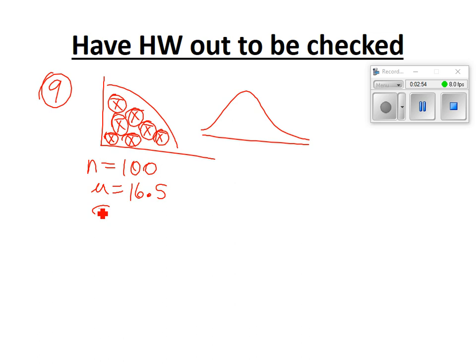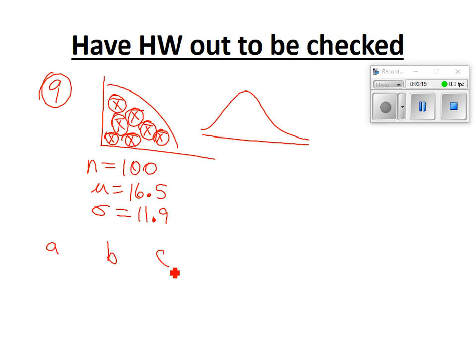Somebody help me out, what's sigma, the standard deviation? 11.9. So we're looking at the graphs that they got at the bottom there. If we take all these samples it's going to turn it into normal. They want to know which of those 3 graphs, A, B, or C, is this going to be.